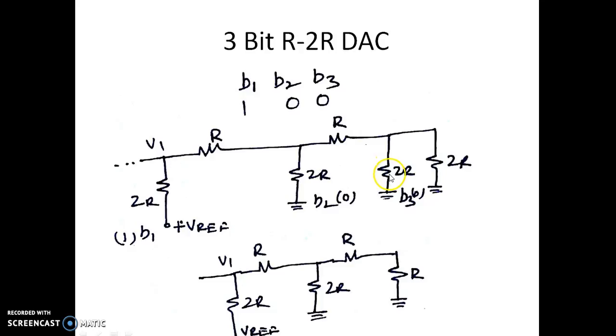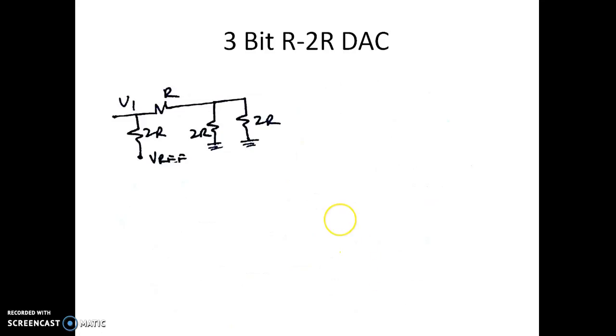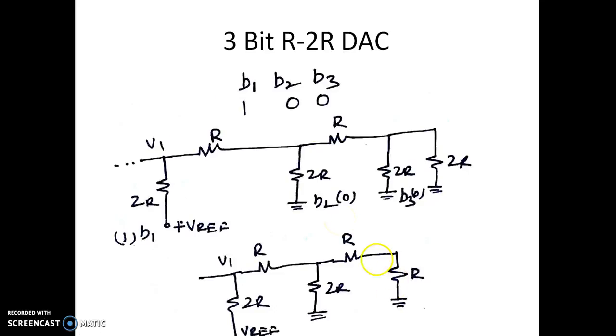So what we have done is we have replaced this circuit by its equivalent resistance. These two 2R resistors in parallel are represented by a single equivalent resistance R. Now you can see these two resistors, which are R and R, coming in series, will become 2R.